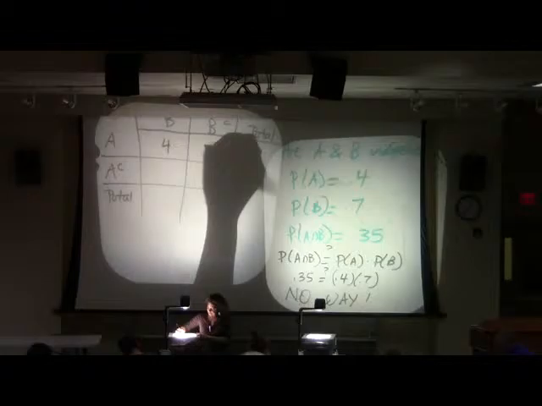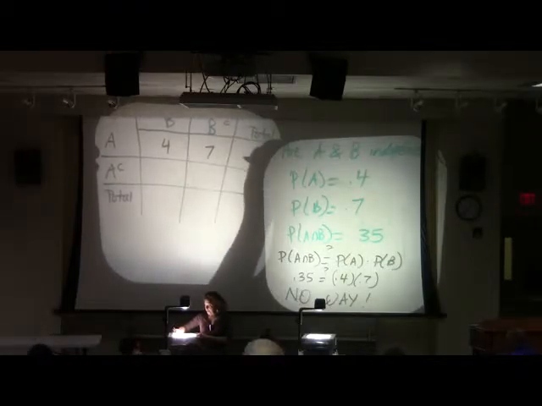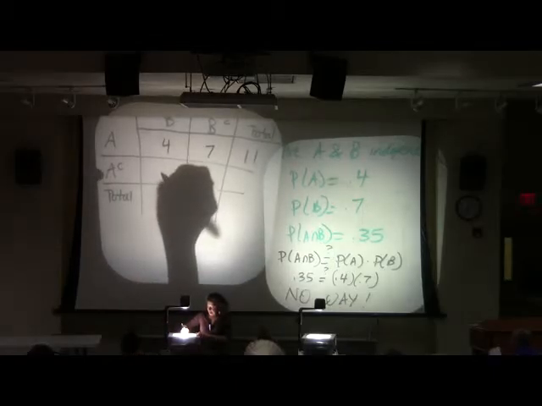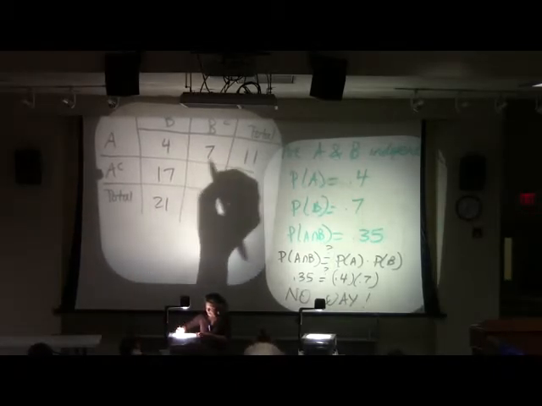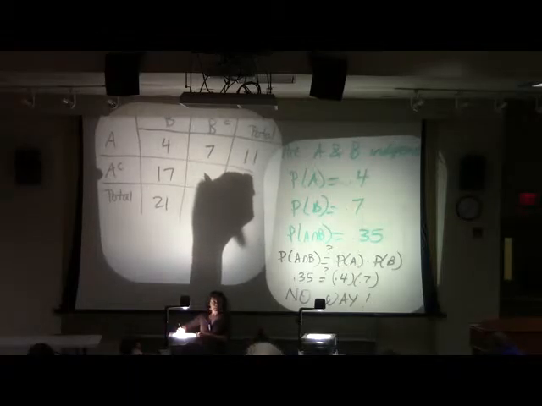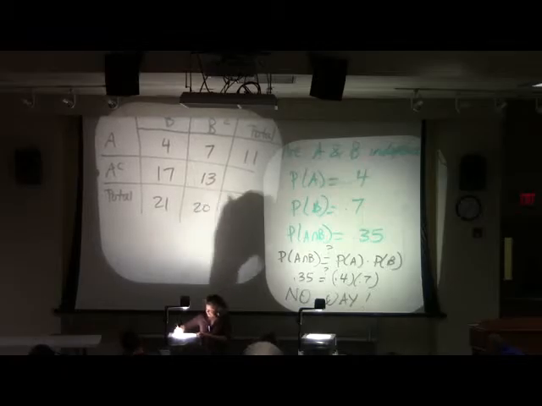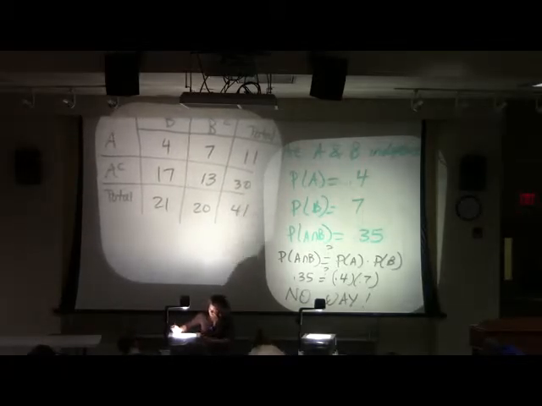What should we put in here? 7. Oh my gosh, so that's 11. How about 17 here? So that's a 21. What number should we put in here? 13. Okay, so we have 20 here, 30 here. So we have a total of 41.